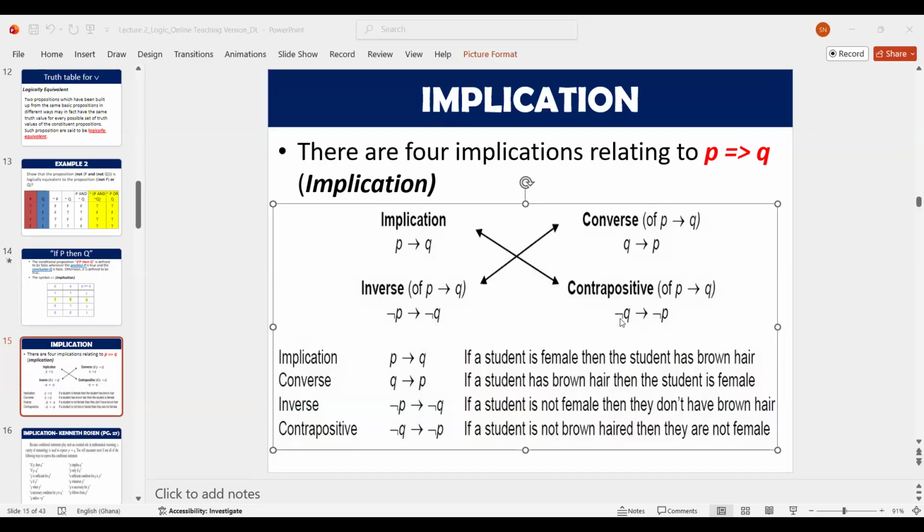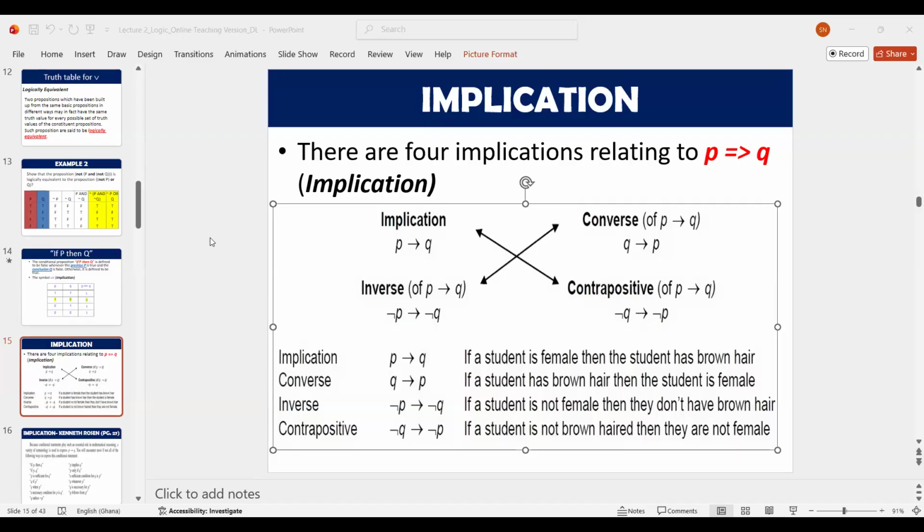And then if you negate Q and let it imply the negation of P, it's called the contrapositive. So the word implies, or the words if and then, they can use the word converse, inverse, or contrapositive. All these terminologies mean implication, just that what is on the left may be different from what is on the right.